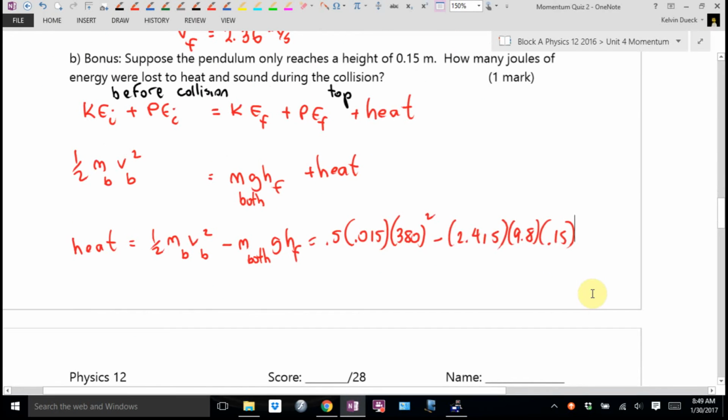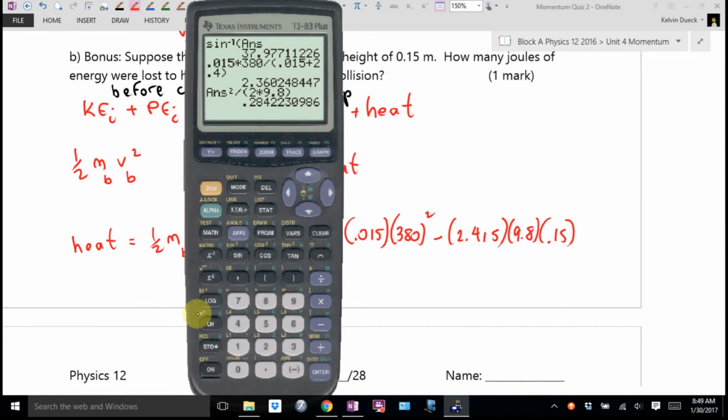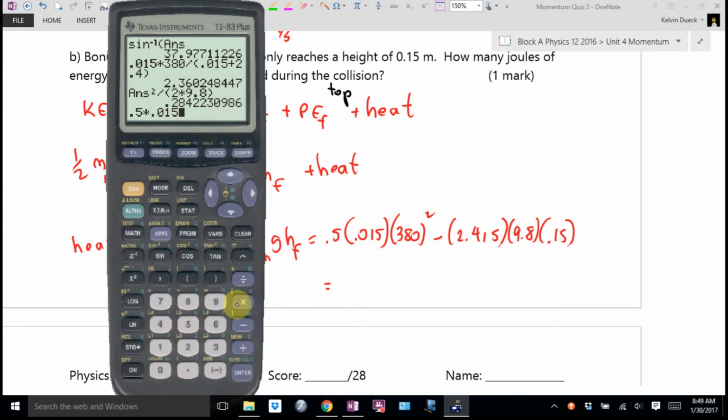How many joules of heat do you get? 0.5 times 0.015 times 380 squared minus 2.415 times 9.8 times 0.15. Mr. Dewick, double check my typing.